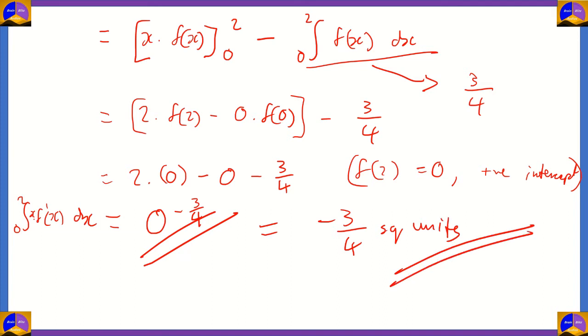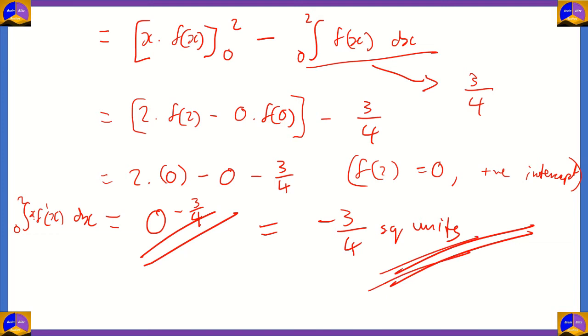So in integration, it's very important to be focused because sometimes many details are there and that can deviate your focus. So over here, 2 times 0 is 0 minus 0, and then there's a minus 3 by 4 which is already present. Do not forget that. So 0 minus 3 by 4, that is minus 3 by 4 square units, gives you the correct answer.